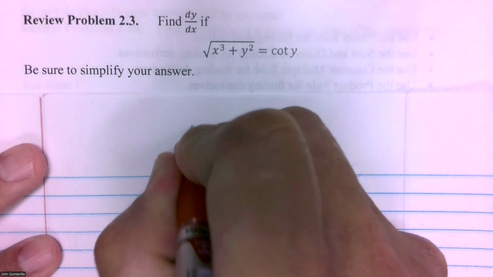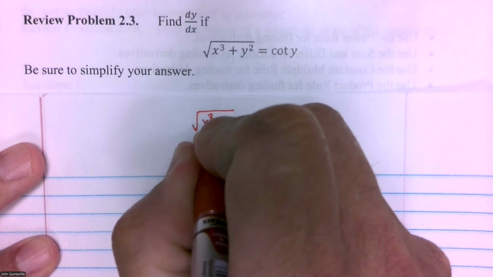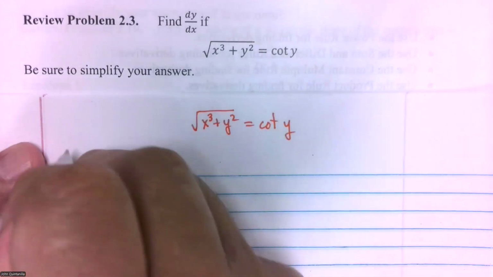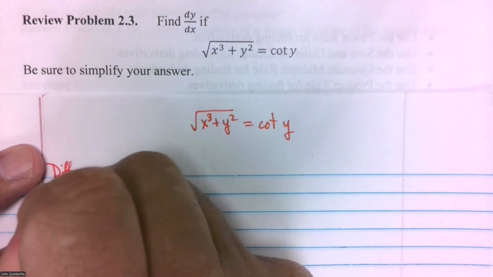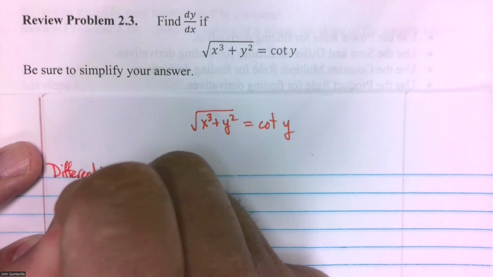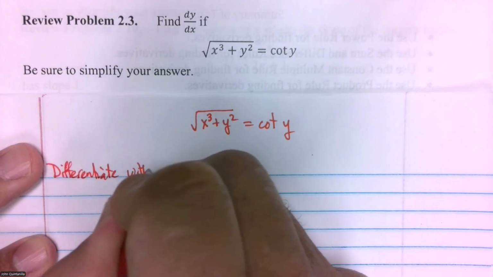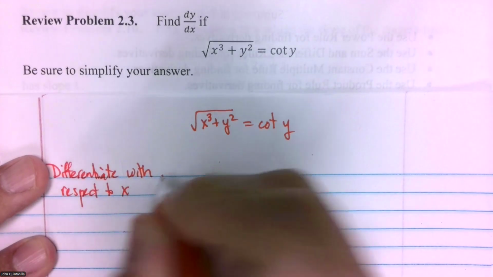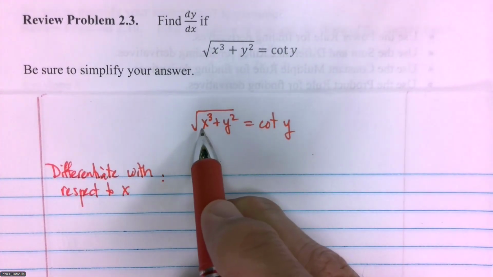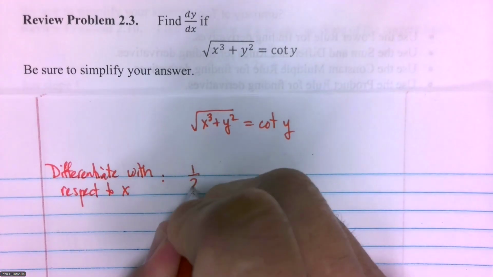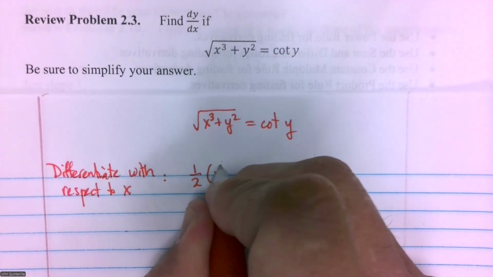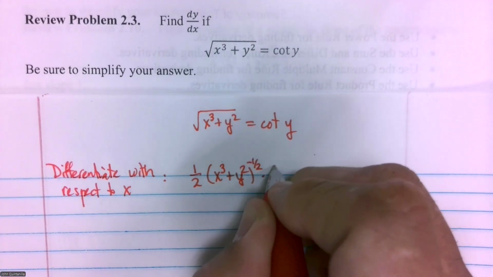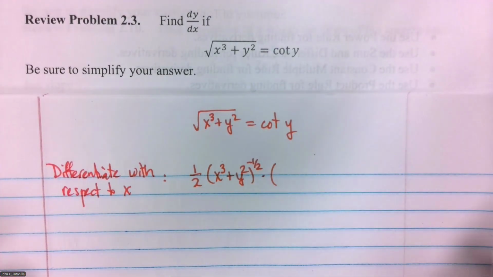So let me recopy the starting point: the square root of x cubed plus y squared is equal to the cotangent of y. And then we differentiate with respect to x. When we do this, on the left-hand side, the derivative of the square root will be 1/2 of the inside, x cubed plus y squared, to the negative 1/2, times the derivative of the inside.